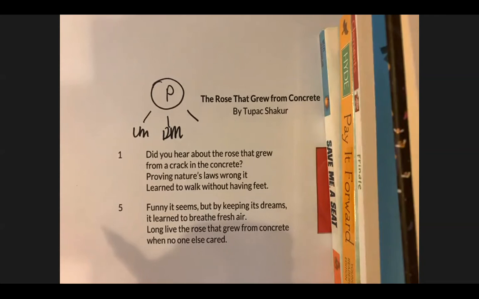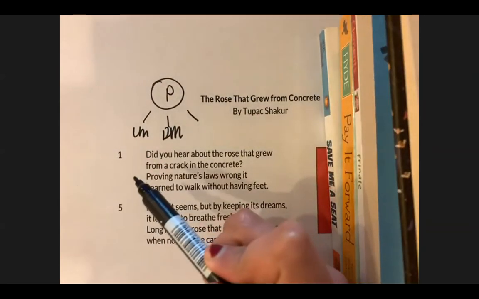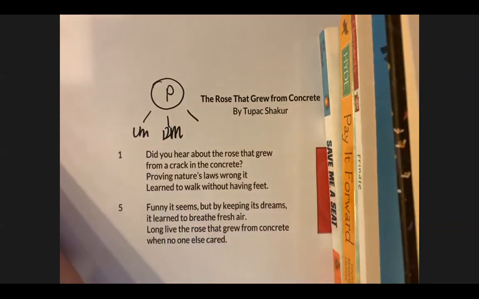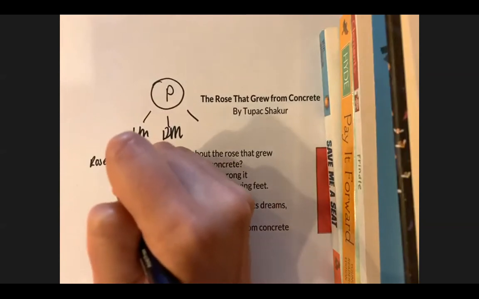Great. 7, 6, 5, 4, 3, 2, 1. Someone jump in. What's happening here? In this stanza, what's literally happening is that the rose is growing from concrete without any feet.